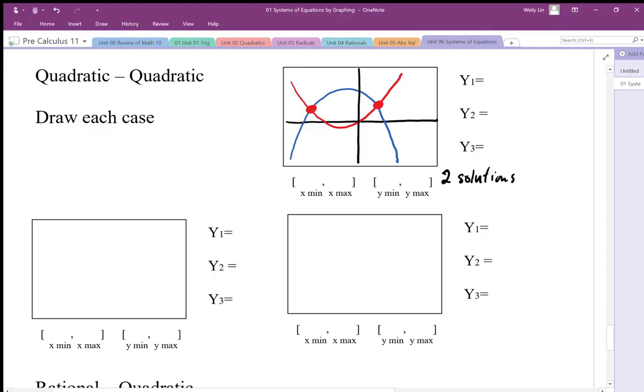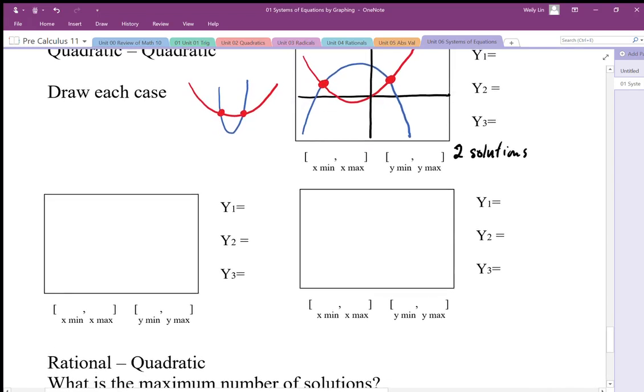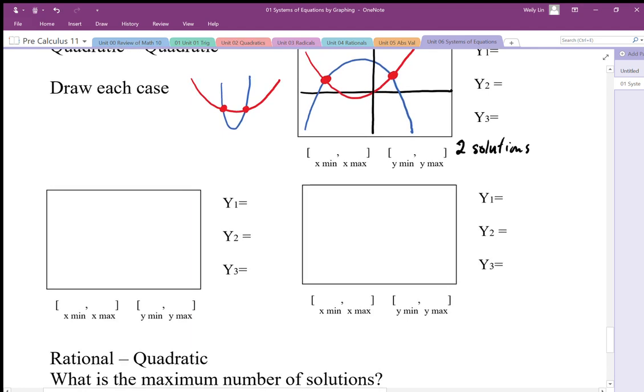We do have other situations where you have two solutions, and we can actually have two solutions with the parabolas opening the same way. So I can have a thin parabola with a wide parabola, and I can end up with two solutions that way. So there's our two: we possibly have two solutions.